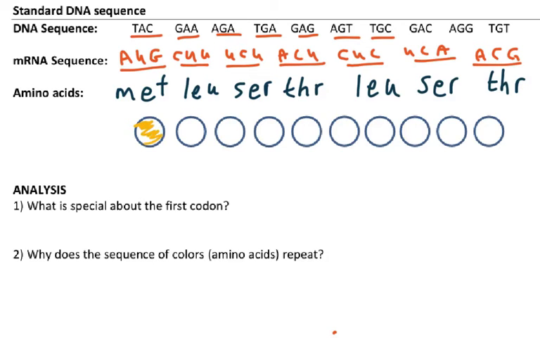Methionine is colored yellow, leucine, red, serine, white, so we'll leave that one blank. The THR, we're going to color blue.